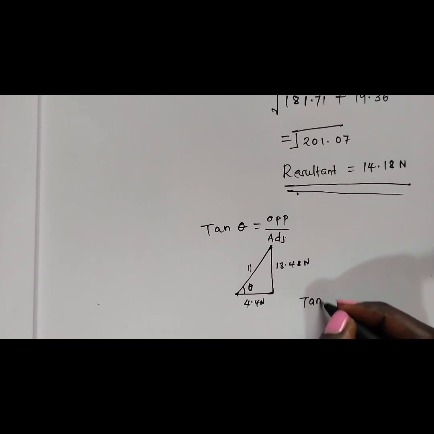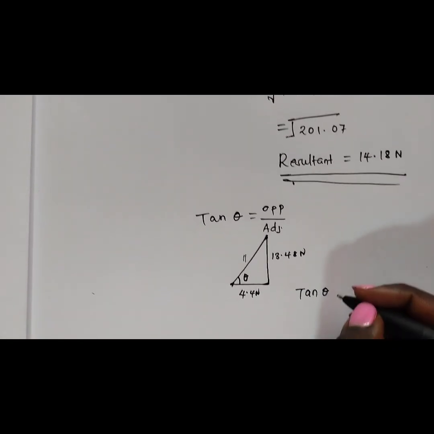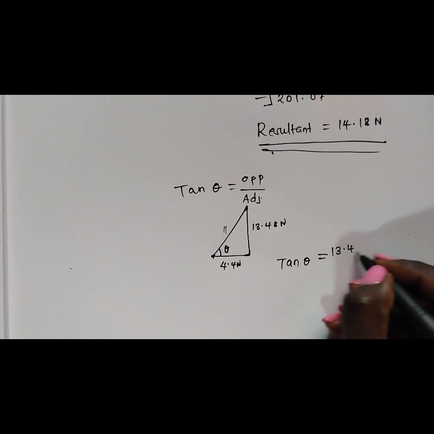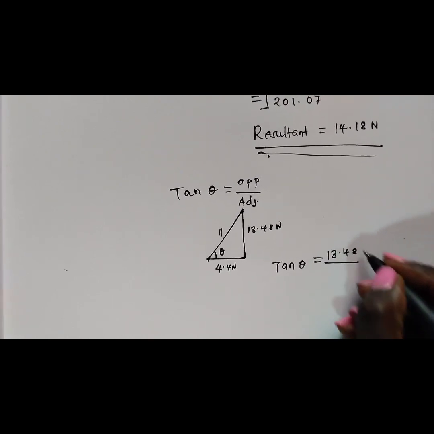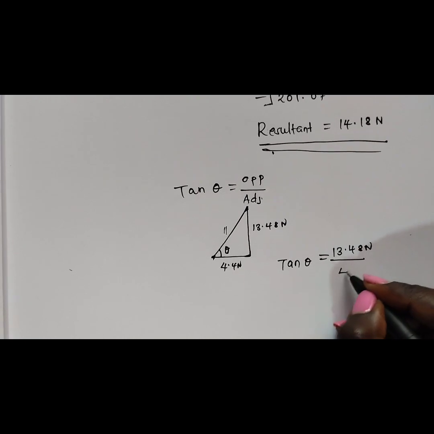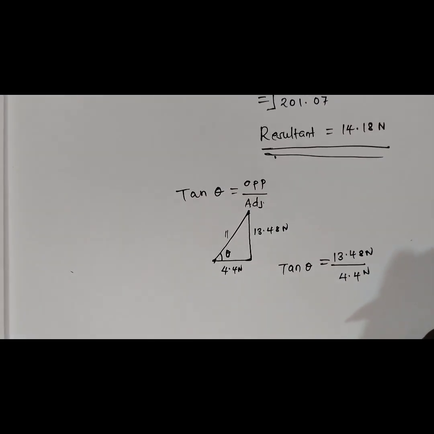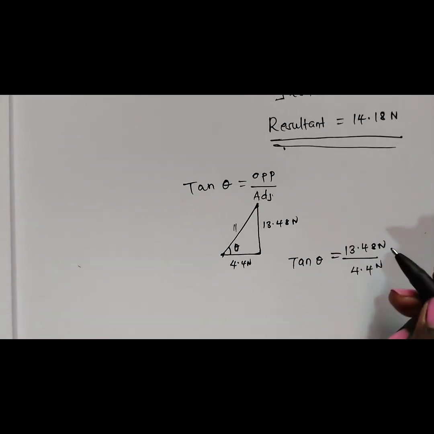So tan theta is equal to 13.48 newtons divided by 4.4 newtons. It's a ratio of two forces, and that's why you get a pure number.